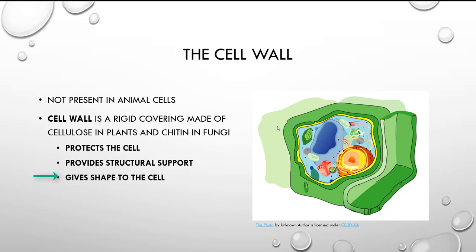And then it gives shape to the cell. So this week in the lab portion, you'll see the plant cells under a microscope, and you'll see they're all little rectangles. Whereas animal cells, they're all weird shapes. So that gives the cell that rectangular shape. So cell walls help maintain structure, shape, and protection for the cell.